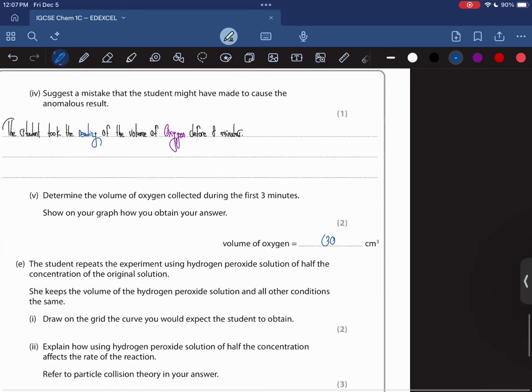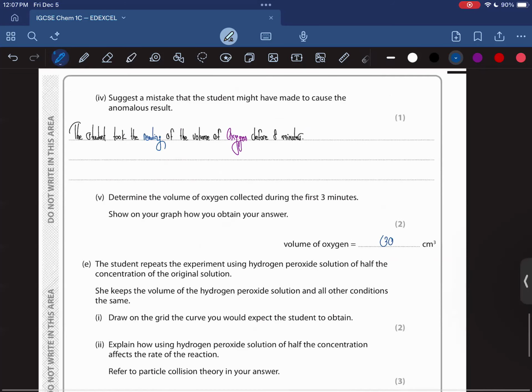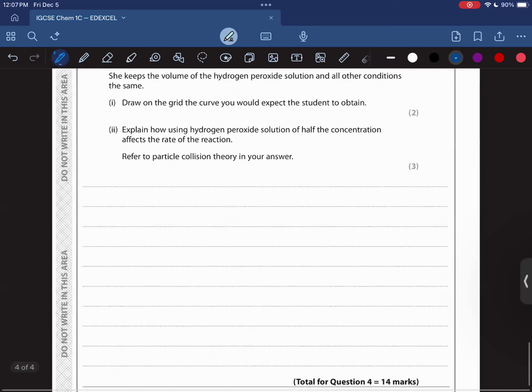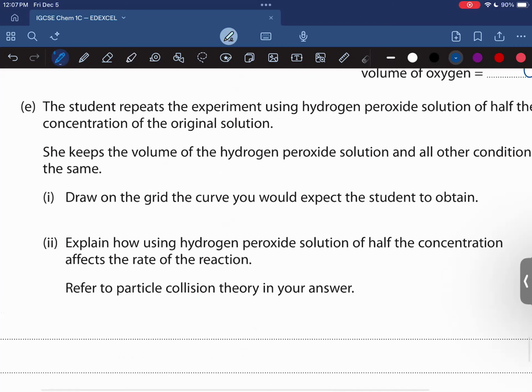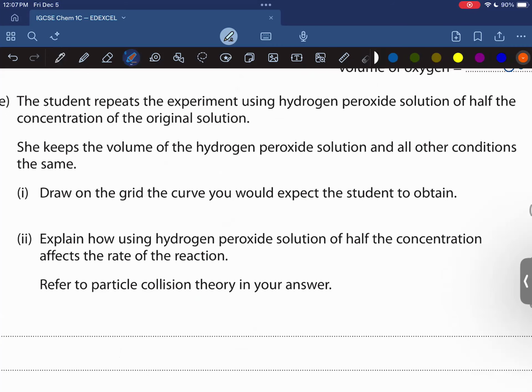And now the last part of the question, it says that the student repeats the experiment using the same hydrogen peroxide solution, okay, of half the concentration. Now this is the most important part, of half the concentration. Now, what do we know about it, right? So first of all, as concentration increases, rate of reaction increases as well, right?